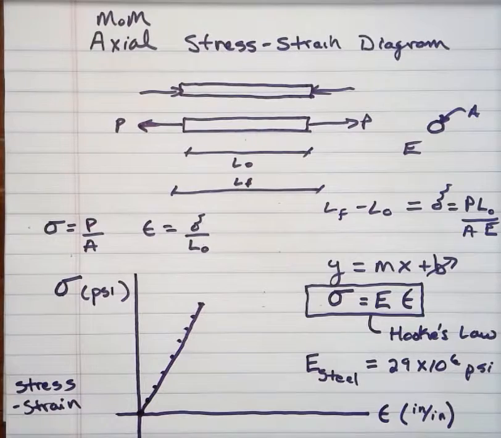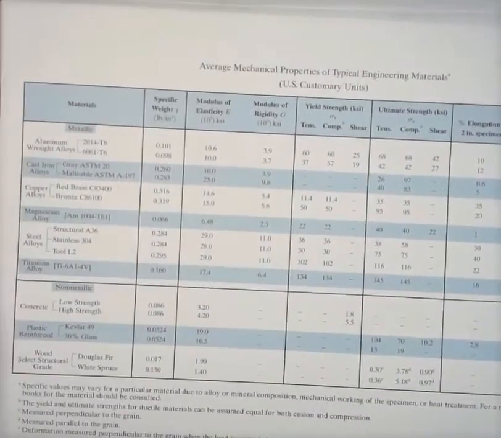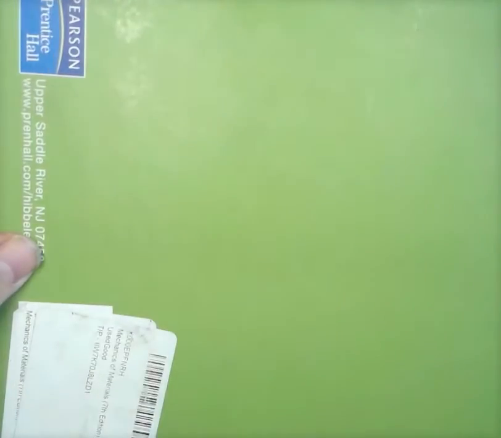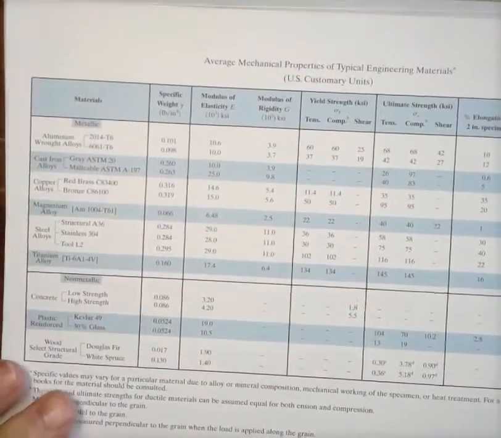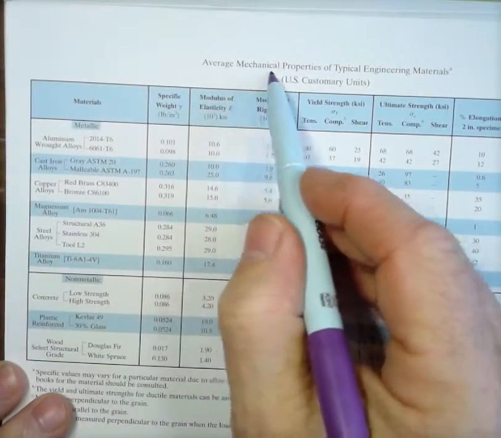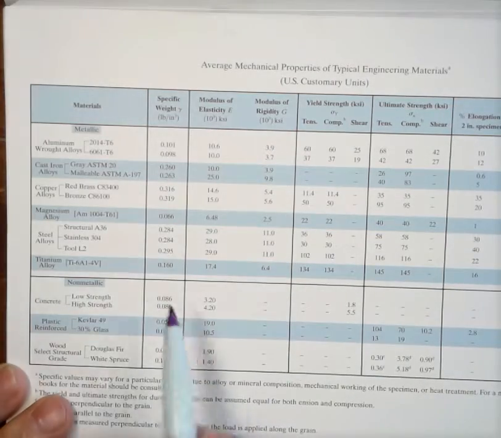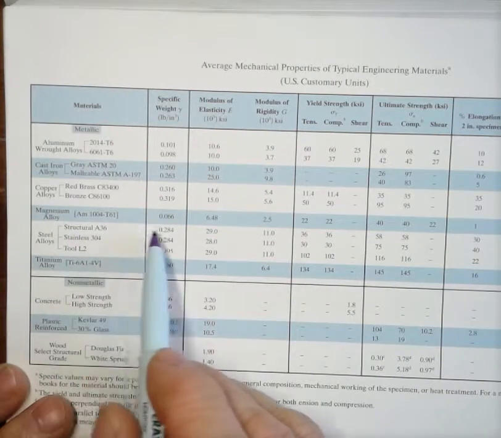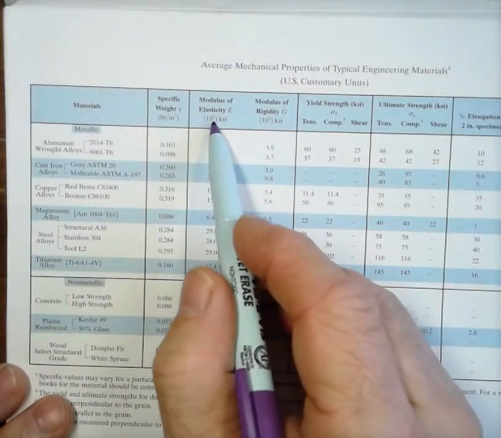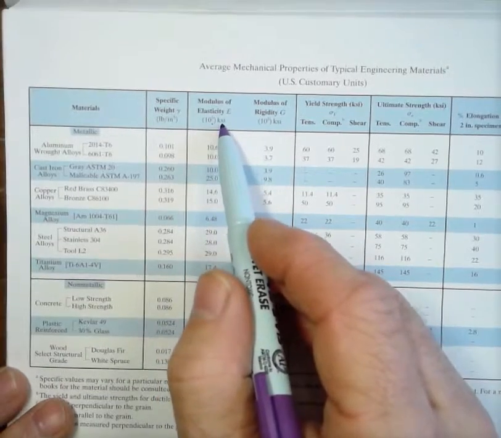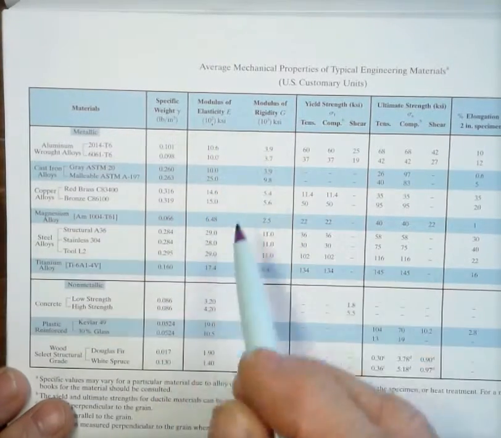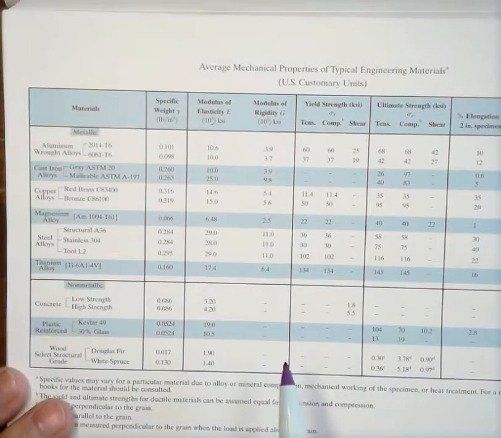You can find various moduluses or moduli of elasticity in the back cover of our textbook, Average Mechanical Properties of Typical Engineering Materials, and there it is, steel, 29 times 10 to the third KSI, that's 1000 PSI, so 29 times 10 to the sixth PSI.